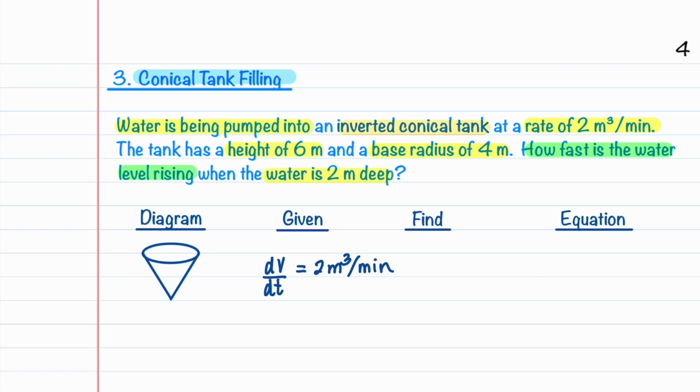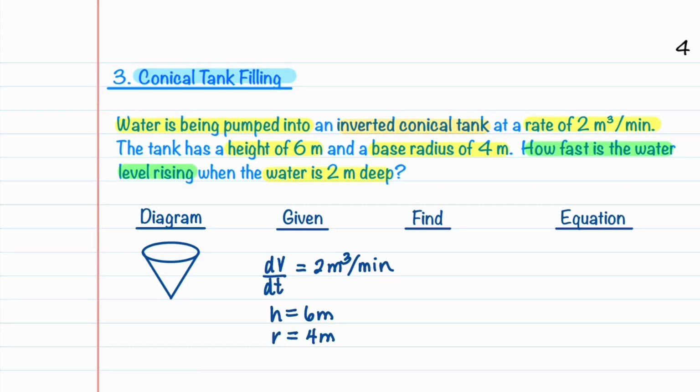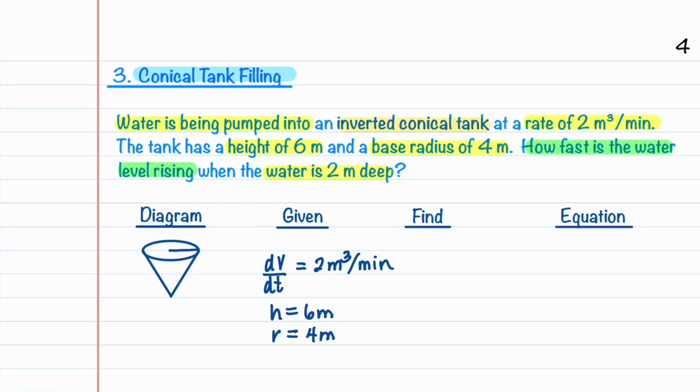We're told that the tank has a height of 6 meters, so we'll say h is 6 meters, and then a base radius of 4 meters, so r is 4 meters.